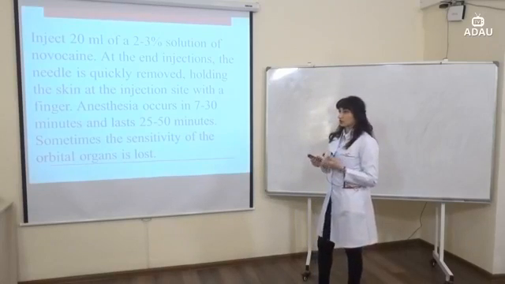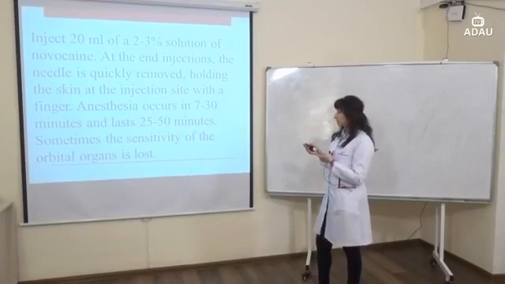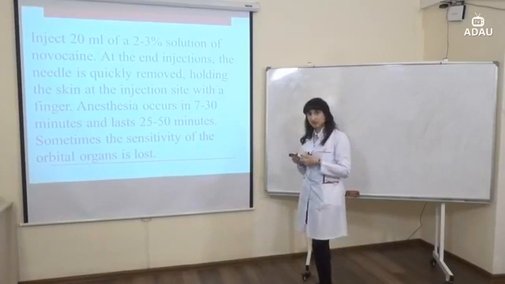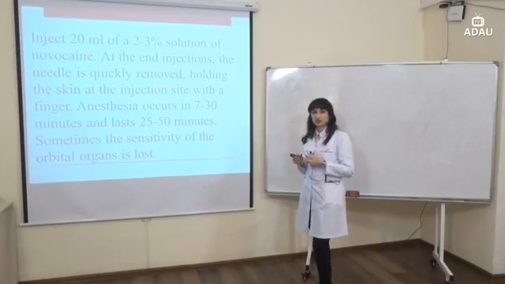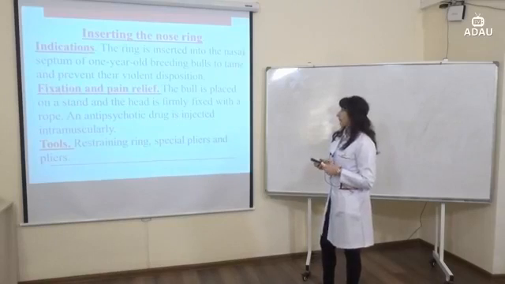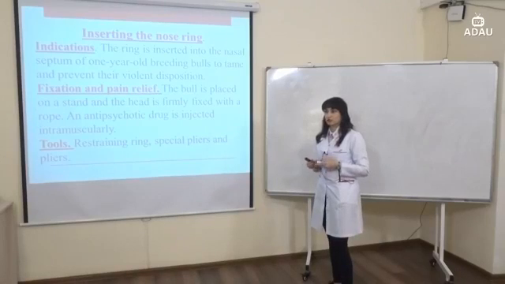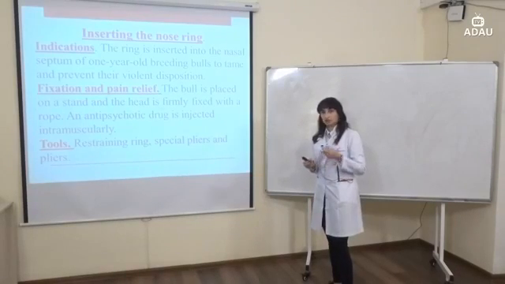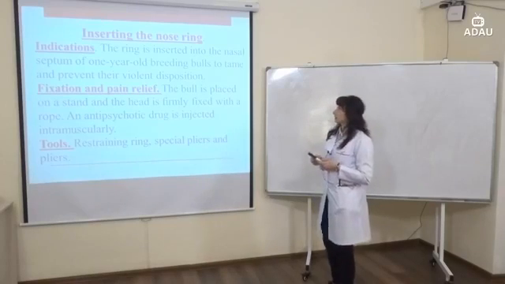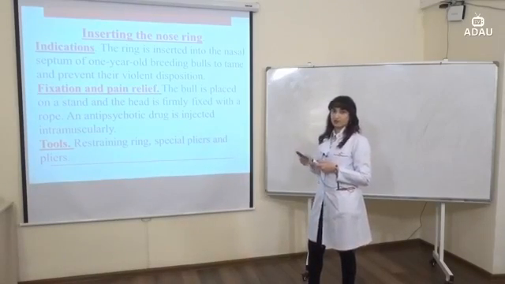Sometimes we want to check the sensitivity of these animals. After 10 or 15 minutes, we can see that sensitivity is lost after anesthesia. Next is inserting a nose ring. We should do this procedure on the farm, and the owner of the animals on the farm uses the inserting ring.